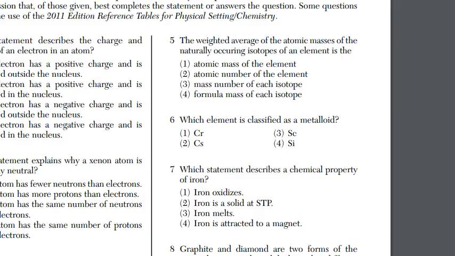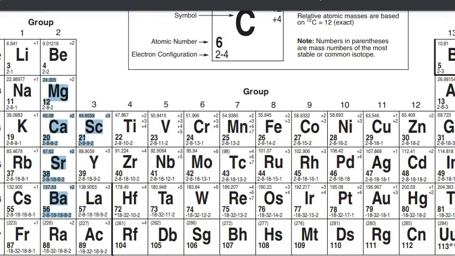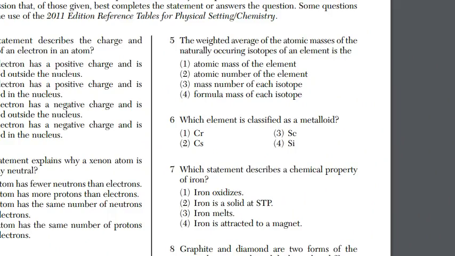Question 5, we're looking for the weighted average of atomic masses of the naturally occurring isotopes. What I'm reading to you is the definition for atomic mass of an element. Atomic mass of an element is the weighted average of the atomic masses for the naturally occurring isotopes.